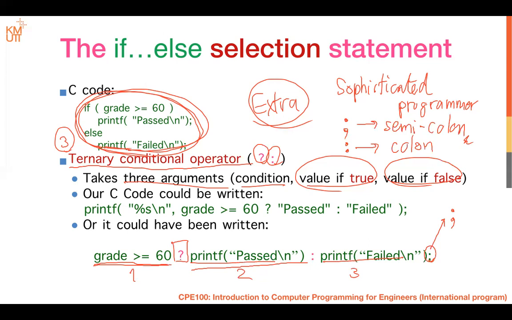So if you want to change the C code here to the more sophisticated style, you can use this. This is the first argument. This second argument is for the true condition, and the last argument will represent the false condition. So instead of using 1, 2, 3, 4 lines, you can just simply use 1 line in order to represent the grade like this.